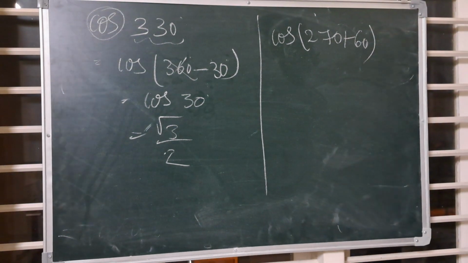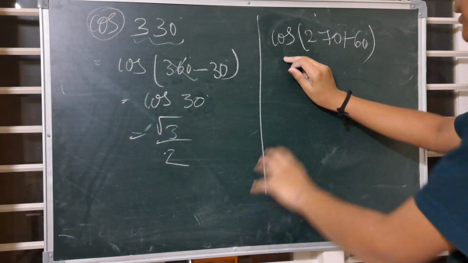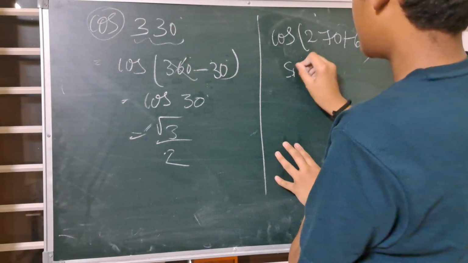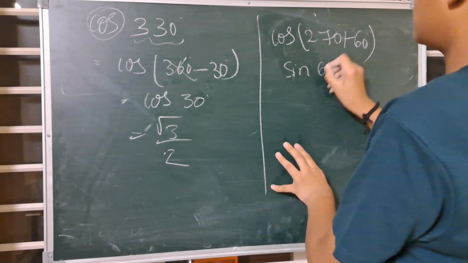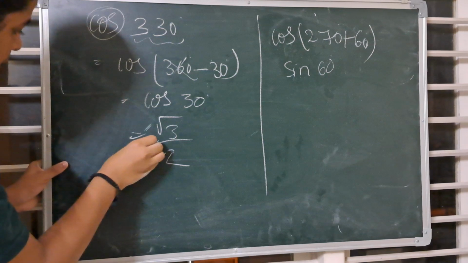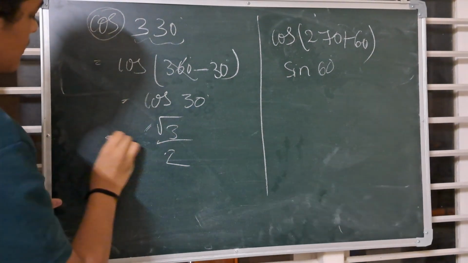So 270 plus 60 will become 330 degree. So here what I told is cos will change to sine because of 270 degree, and here 60 will be there. So now here negative, minus root 3 by 2.